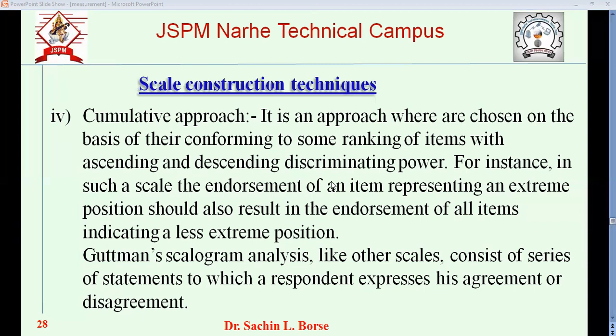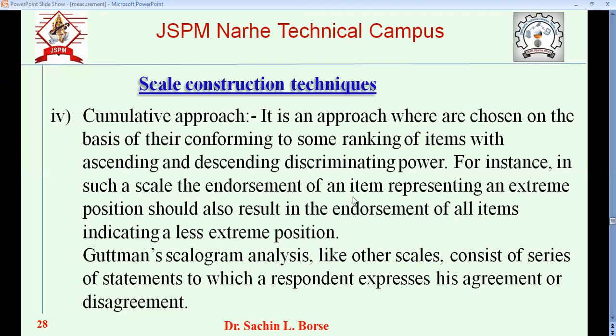Here we rank the questions or statements in ascending or descending order, generally arranged in ascending order. The statements are arranged in such a way that, suppose there are 5 statements, and if statement number 5 is correct, it means the other statements 1 to 4 are also correct. So this will be arranged.